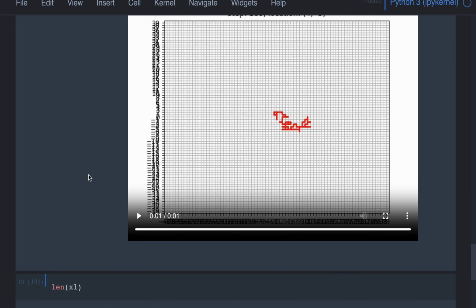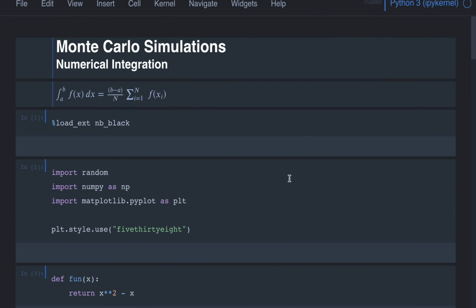That's all for today. In this video, we will learn how to compute integrations using Monte Carlo simulations. We might have a function f of x, and we want to integrate between a to b. In some cases, we can compute the integration of f of x, and then apply the limits, right?